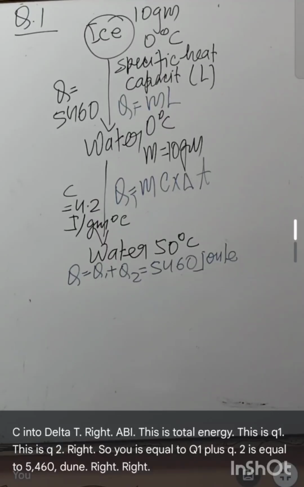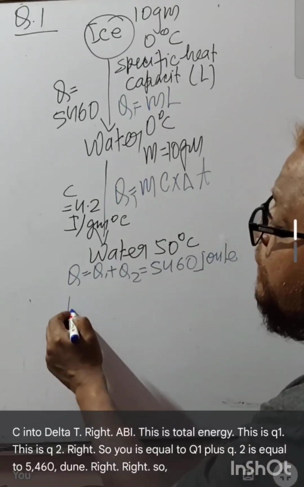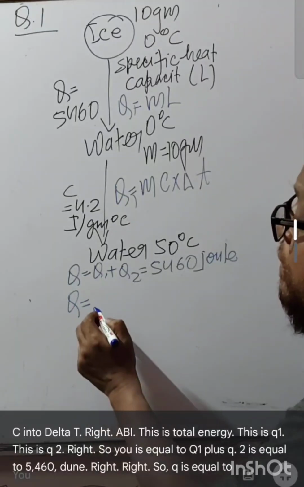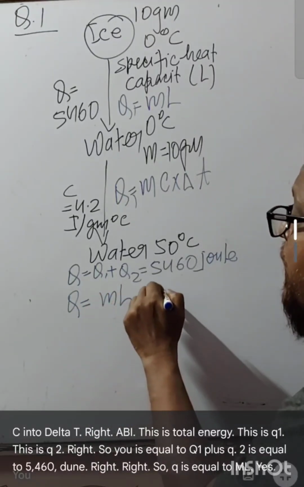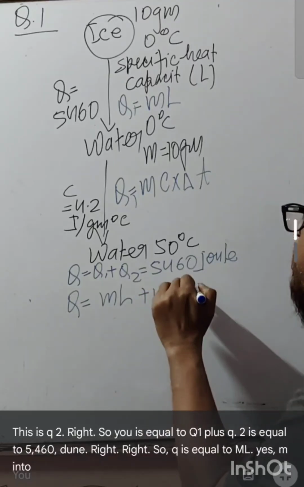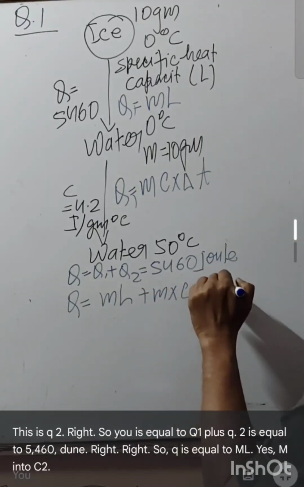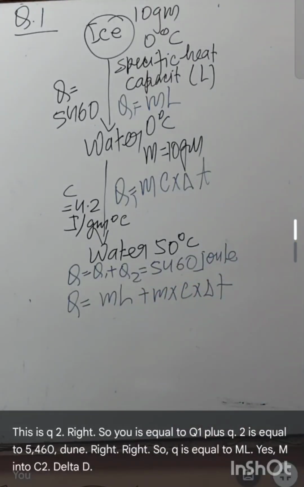So Q is equal to ml plus m into C into delta T. You get this?